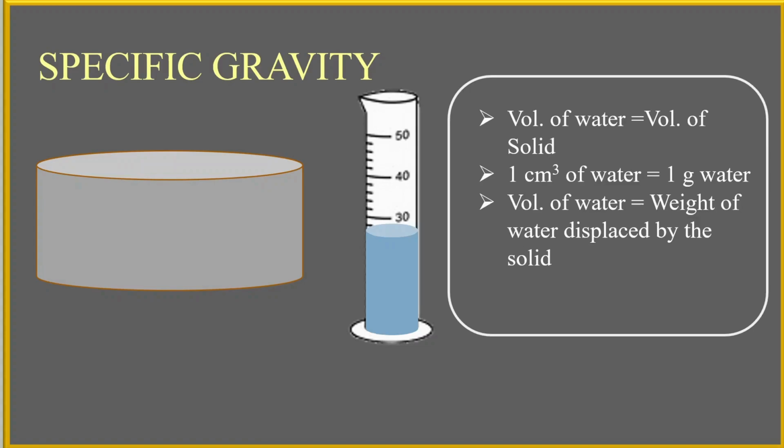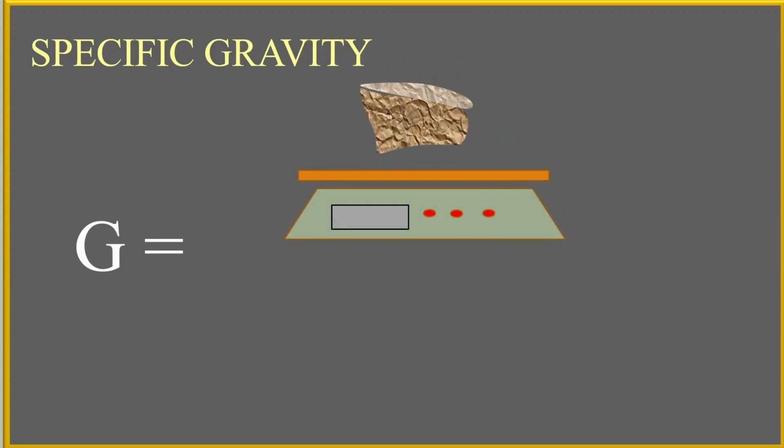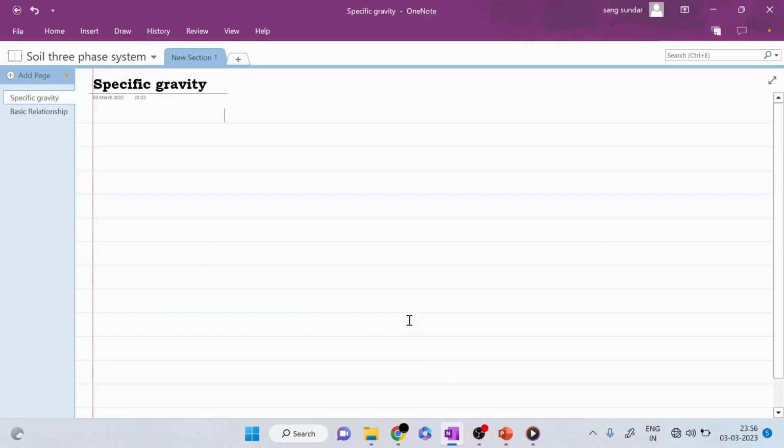And volume of water is equal to the weight of water displaced by the solid. Right? With this understanding, what is specific gravity? Specific gravity G is equal to weight of solids divided by weight of water displaced by the volume of solid.